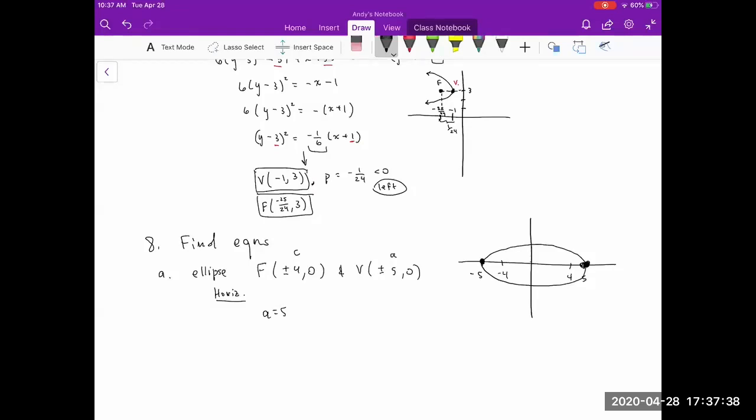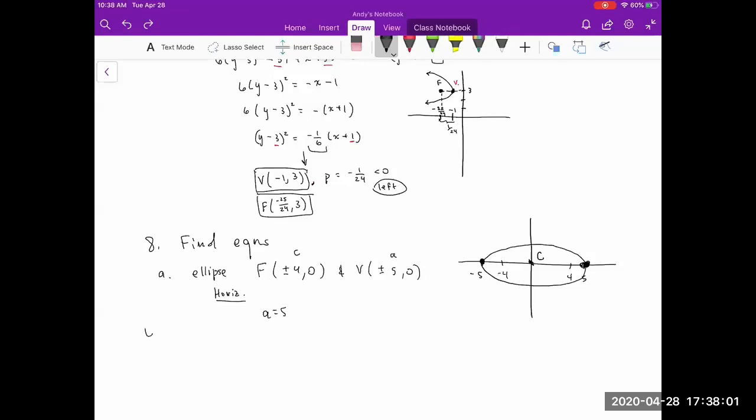We also know from graphing that the center is 0, 0, but you can tell by looking at it because the y values are both 0. That's a nice suggestion that the y value of the center is 0, but because of the plus or minus, it's 0, 0 for the center.